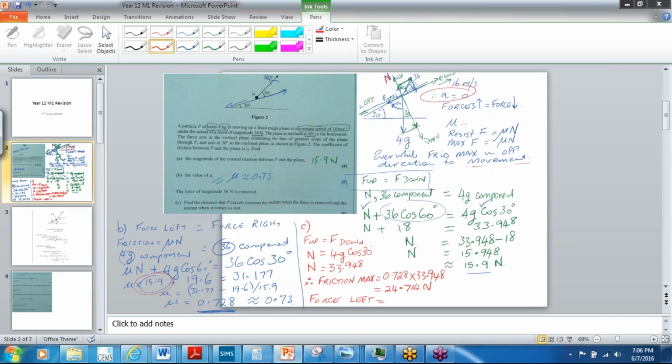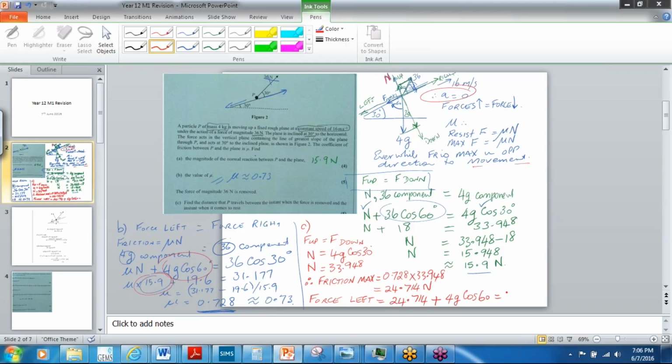Because the forces to the right is 0. So the forces to the left is our maximum friction, 24.714, we've already worked that out, plus our 4g component, our mass due to gravity acting to the left, will still be 4g cos 60.